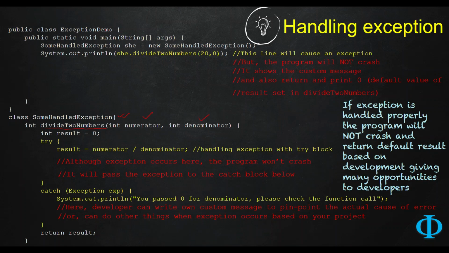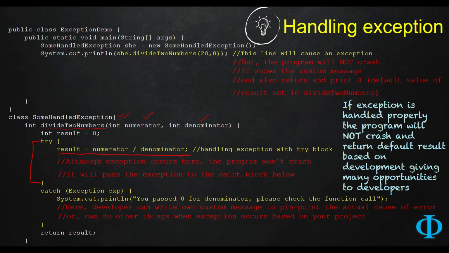Now what different I have done compared to the previous code is that I have kept the entire division logic, the code to divide two numbers, like this line of code, inside this try block.